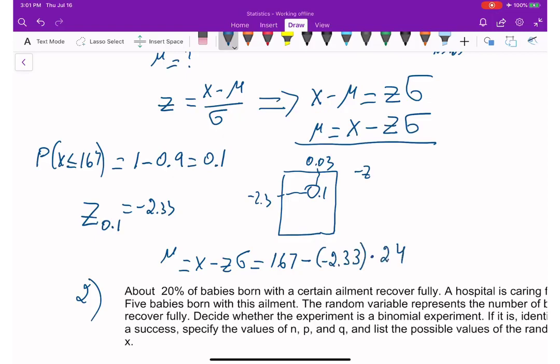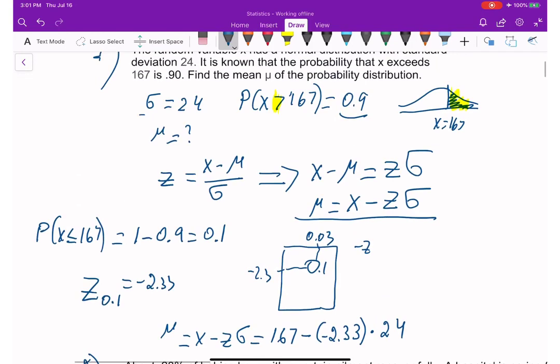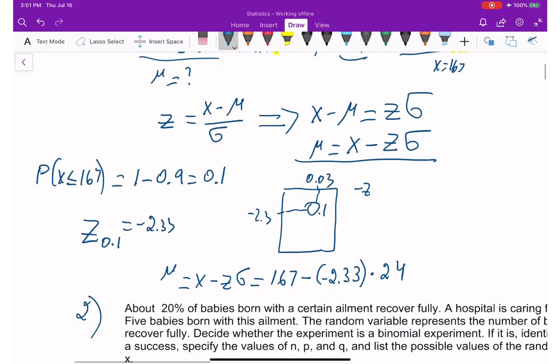So our x is 167 minus the z-score, negative 2.33, times 24. Sigma is 24 right here. So the solution is going to be 167, we will end up adding, because we have two negatives here, plus 30.84, and our mu is going to be equal to 198.